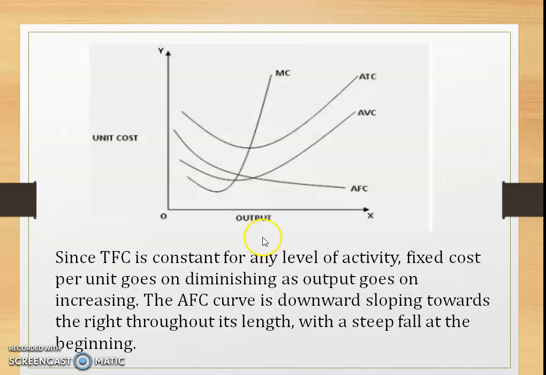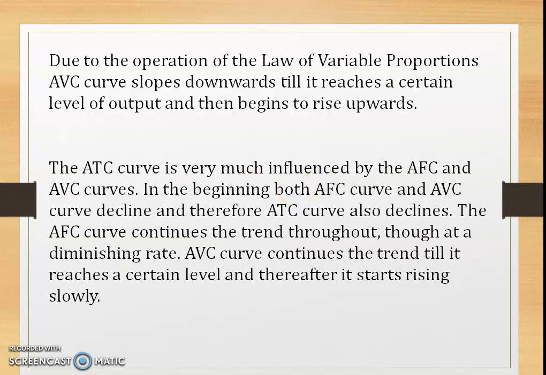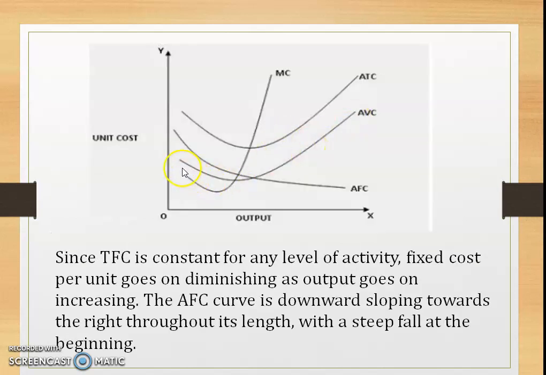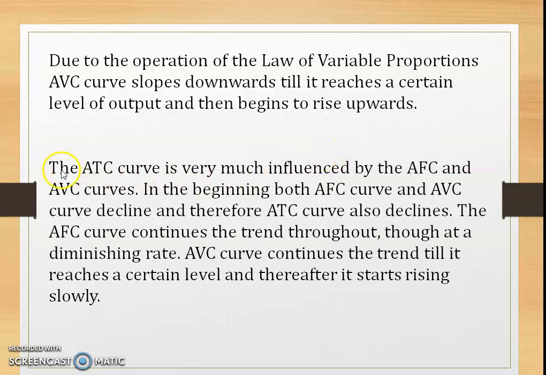Because of which the curve is also steep. Due to the operation of the law of variable proportions in the short run cost function, the AVC curve slopes downwards till it reaches a certain level of output, then it begins to rise. So look at here, AVC starts coming down and it rises at a particular juncture.